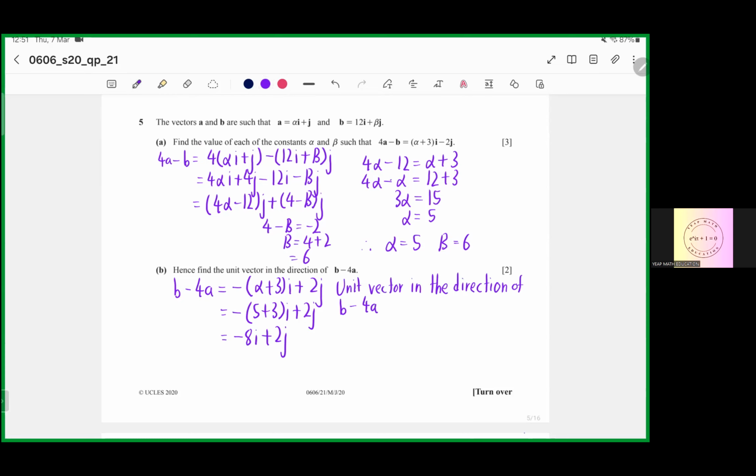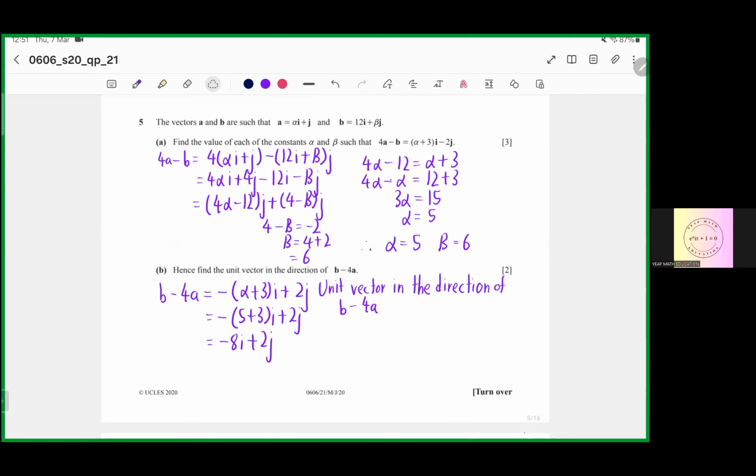So just take negative 8i plus 2j over, we just put square root here, negative 8 squared plus 2 squared, equals negative 8i plus 2j over the square root of 68, and then we simplify it, we get negative 4i plus j over the square root of 17.